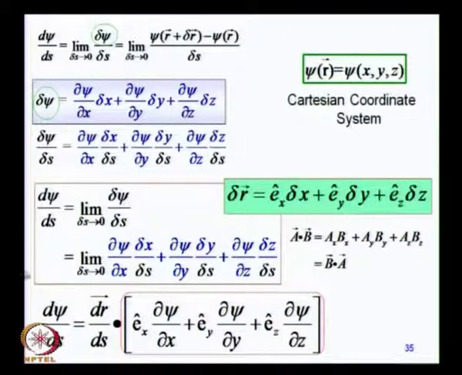So, now we can see that this directional derivative, which is a sum of these three terms, we interpret as an expansion of the scalar product in terms of the products of the Cartesian components, and the first vector we consider to be this dr by ds, because delta r by delta s will give you these components delta x by delta s and then delta y by delta s, then delta z by delta s, right.